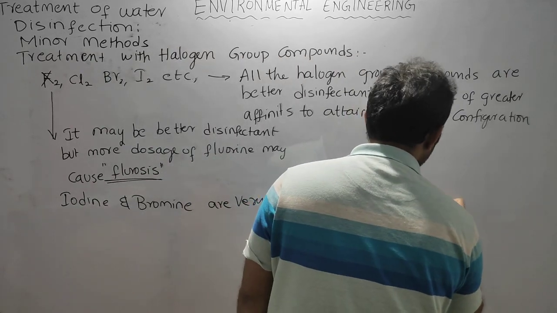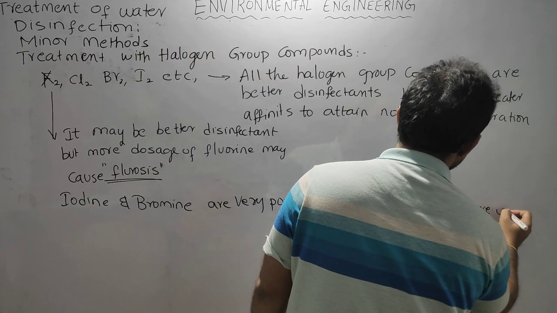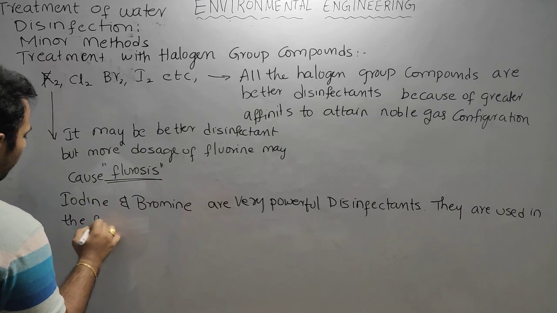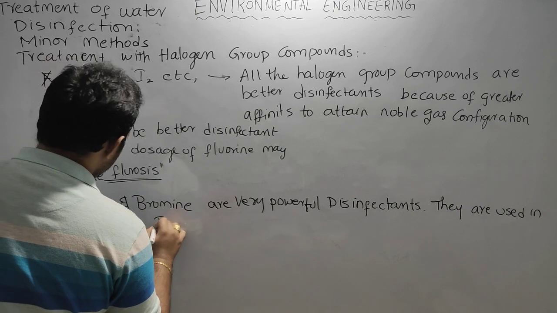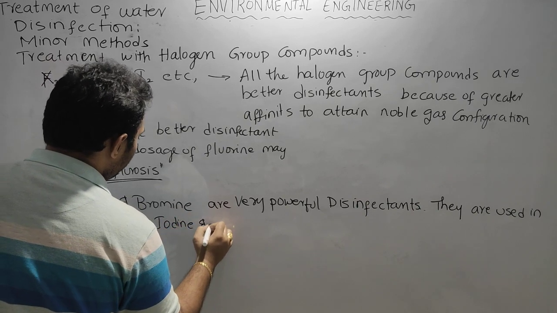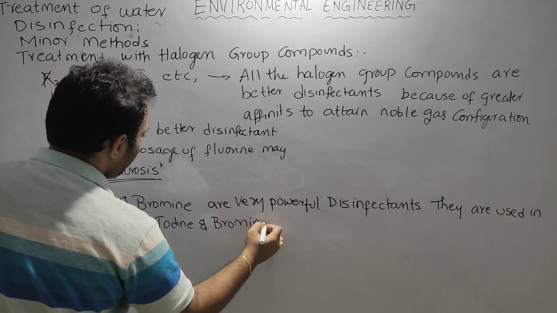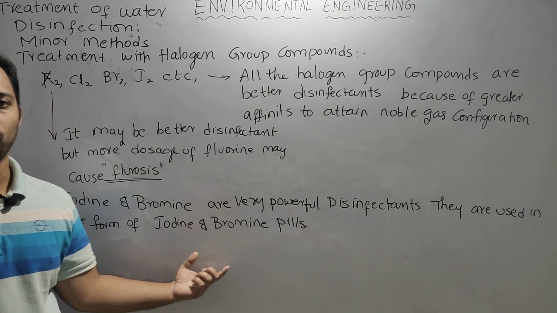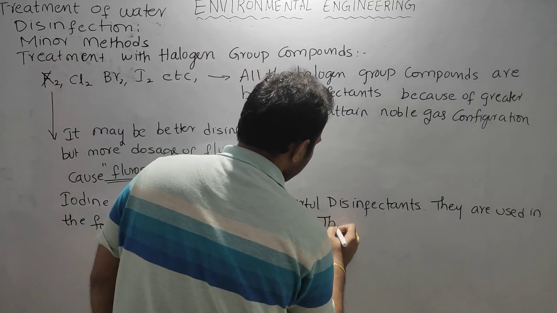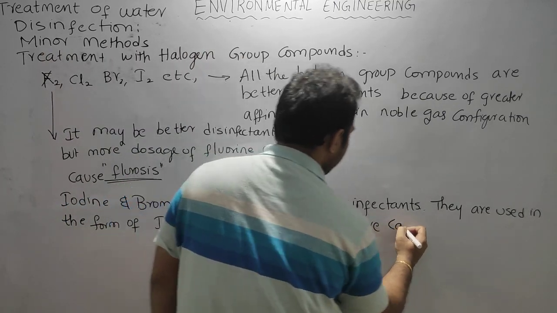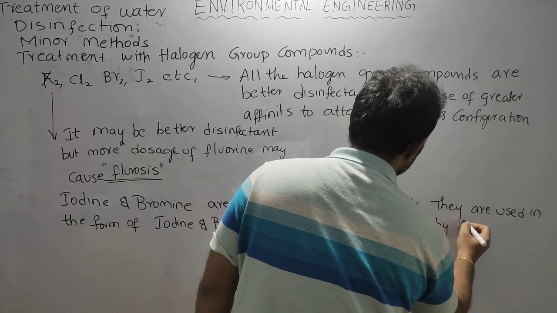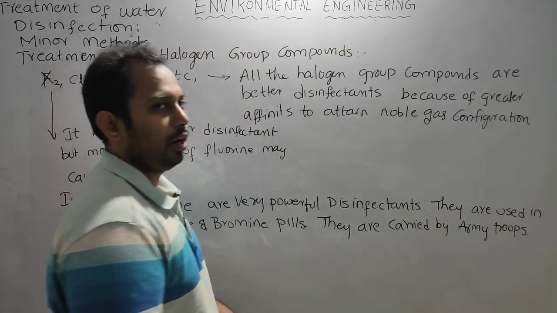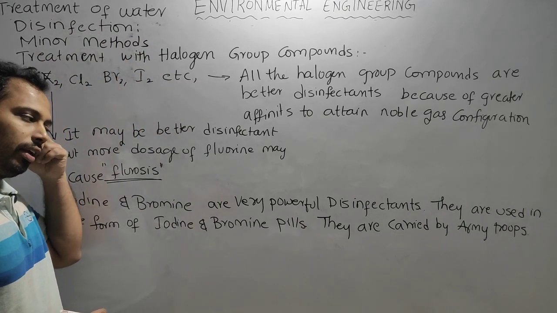These bromine and iodine pills are carried by army troops, because army troops don't find purified drinking water anywhere they go. So they will carry these iodine and bromine pills.